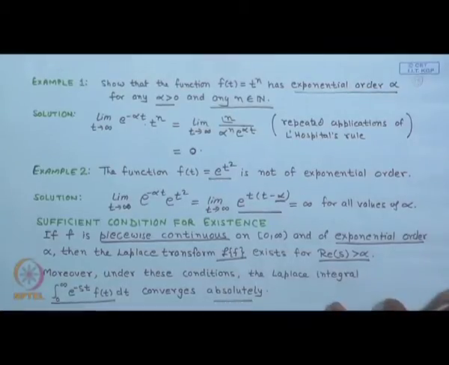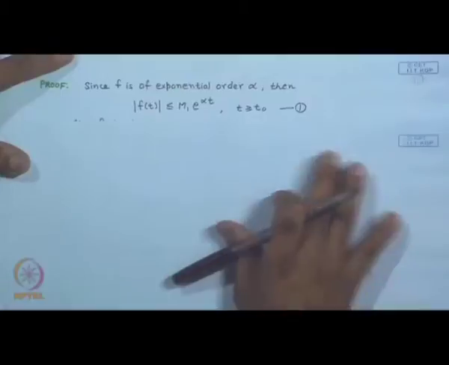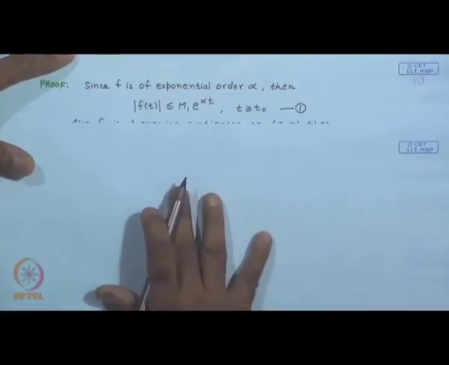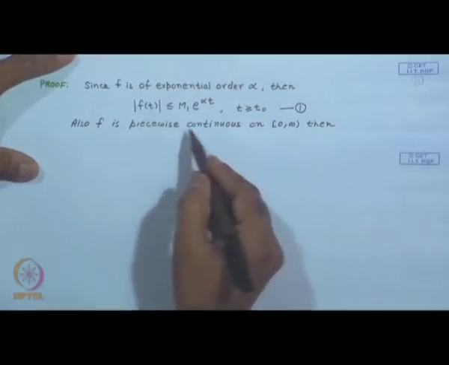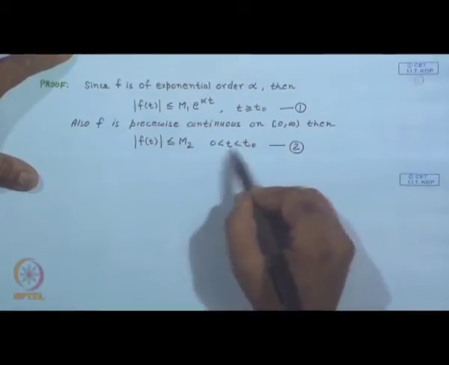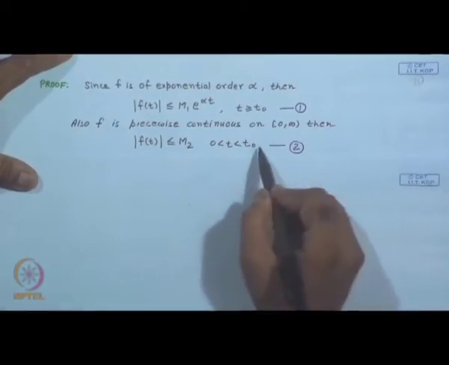And we can quickly take a look at the proof. We have that the function is of exponential order, that means f(t) is bounded by M1 e^(alpha t) for t greater than t naught, and also the function is piecewise continuous, so it is bounded from 0 to t naught.